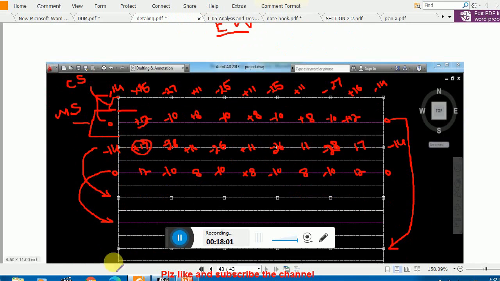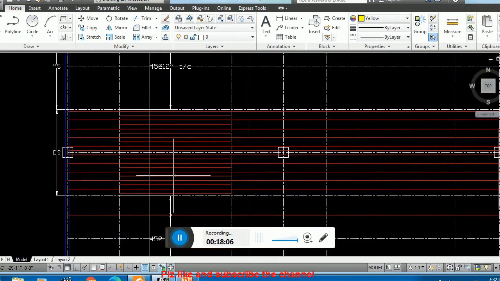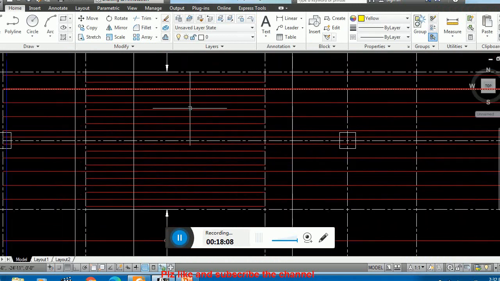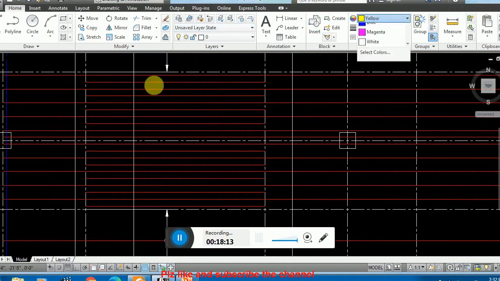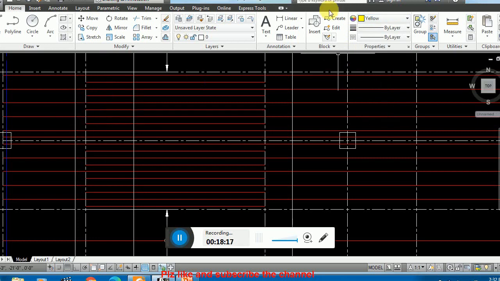So for 17 I'm again using the same amount of reinforcement which I provided here. This reinforcement is number 5 at the rate of 6 in center to center. Let me check it. From this to this you see 6 inch. So this is number 5 at the rate of 6 in center to center. Remember, this is very important. Clear? This is very important.